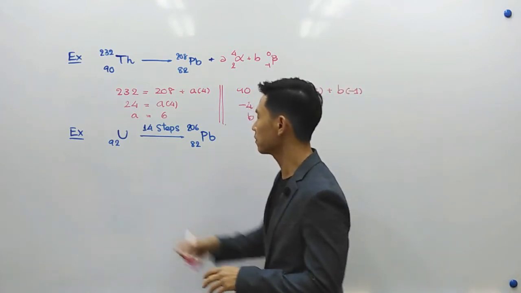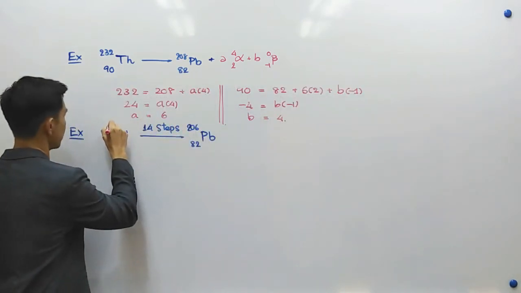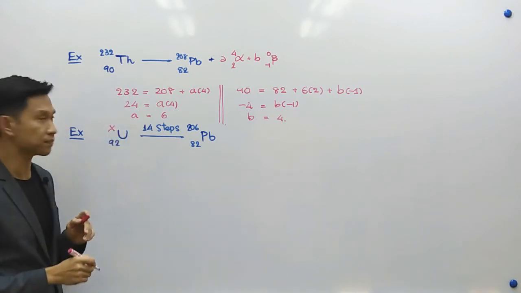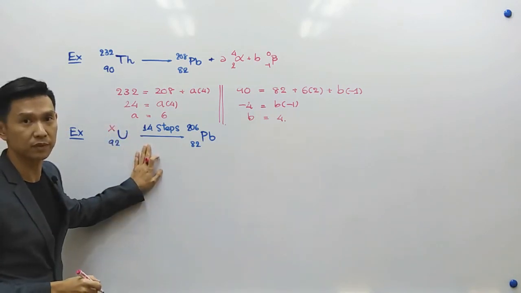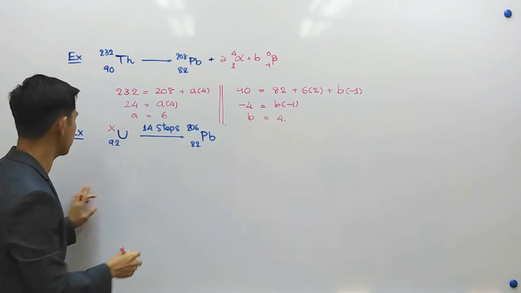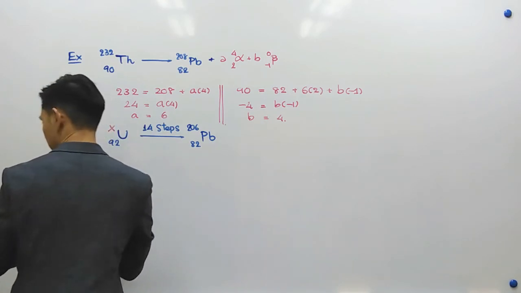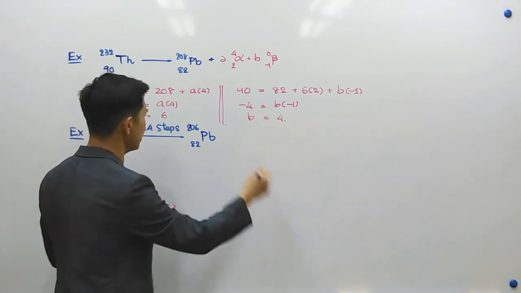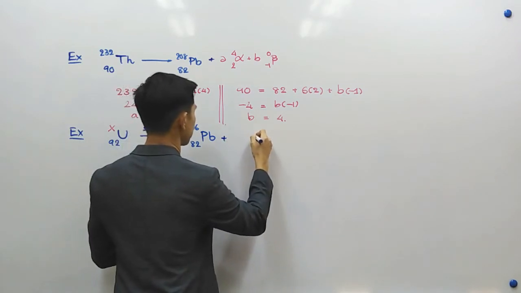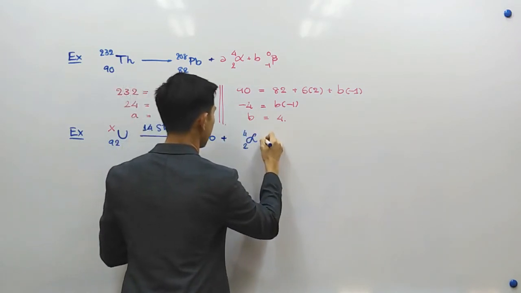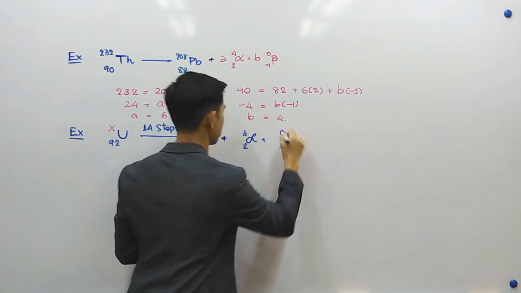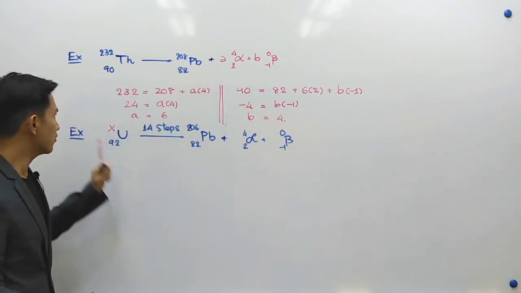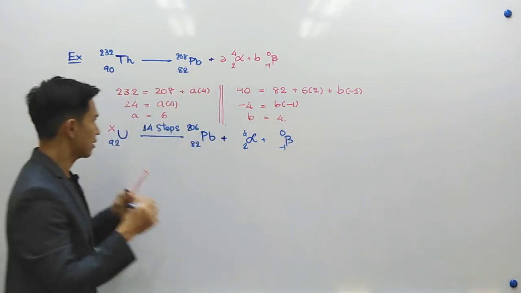So here we don't know this number. We put X here, but we know it's 14 steps, right? So if it is 14 steps, what we can put here is that you release some alpha of 2, 4 and some beta of minus 1, 0.